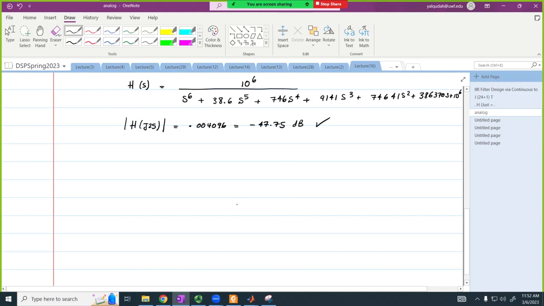Okay, so what are the advantages of our Butterworth filter? You don't need a microprocessor. Wrong answer. Out. The analog Butterworth filter.